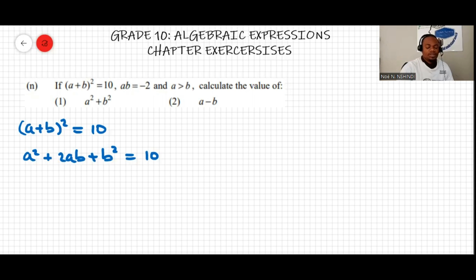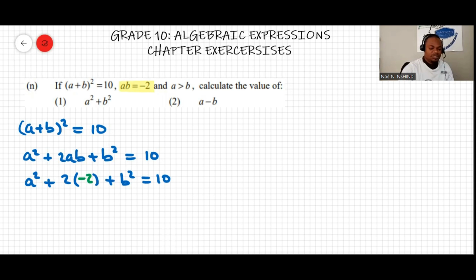Now if we substitute the value of ab, which is negative 2, we have 2 times negative 2 here.